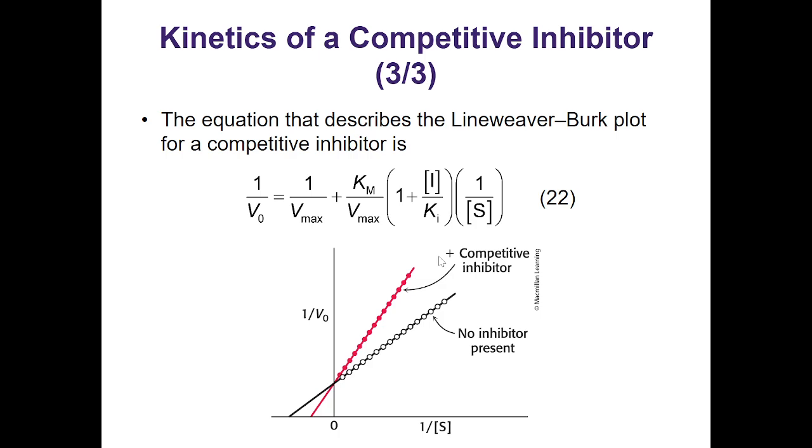Steeper slope, exactly. You got it. 1 over Vmax, and that's the y-intercept. Km over Vmax is the slope. The negative 1 over Km, that's the x-intercept. That's down here. Okay, fantastic.